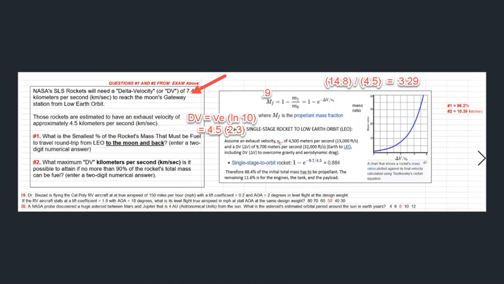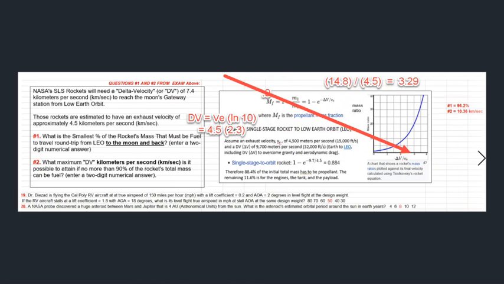Well, round trip would mean 7.4 times 2, that's 14.8 kilometers per second that I need. And VE is 4.5, so for the Tsiolkovsky equation, I need to take the ratio of that delta V to VE. So 14.8 divided by 4.5 gives me 3.29. Now I can either use my calculator or go into this chart.